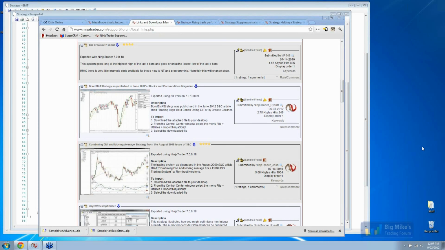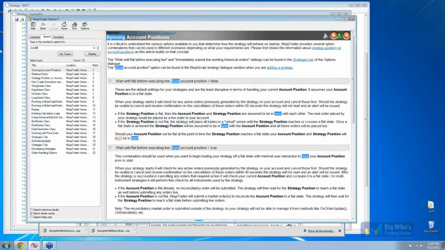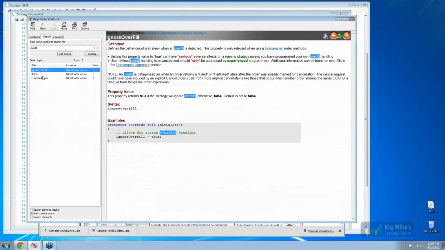George said, is there any relative topic reference to avoid overfilled orders in automated systems? George, that is a pretty big topic as well. Unfortunately, let me see what references I can give you. If you search overfill, what do you get? Let me see if there's anything.